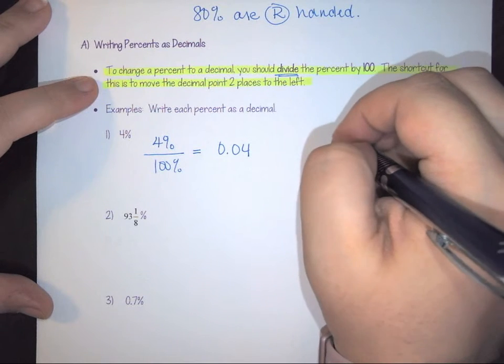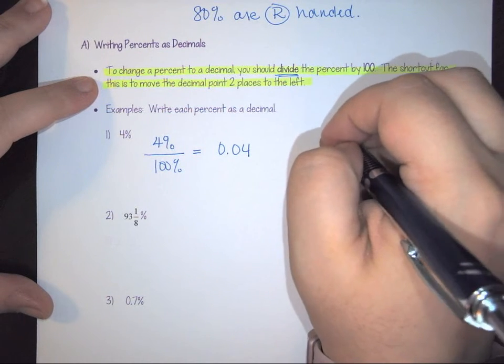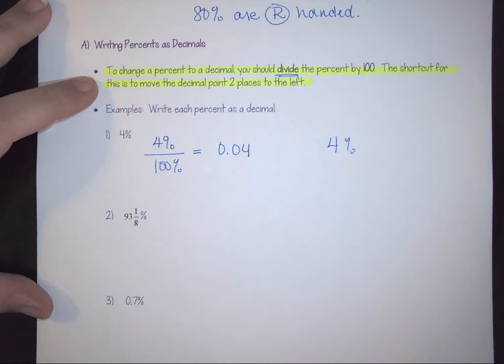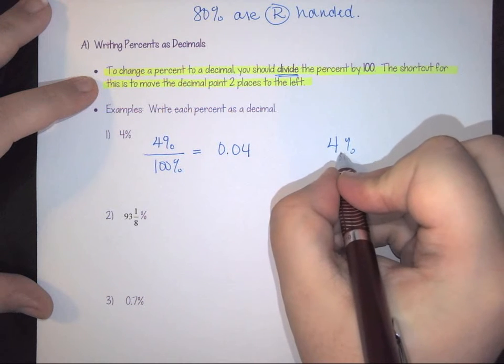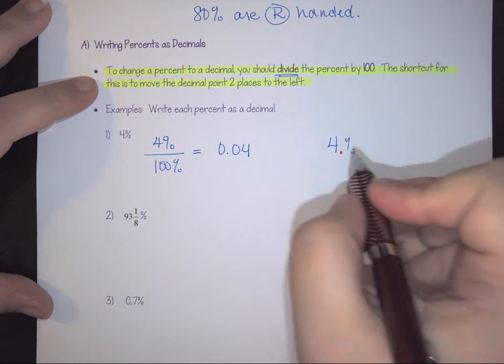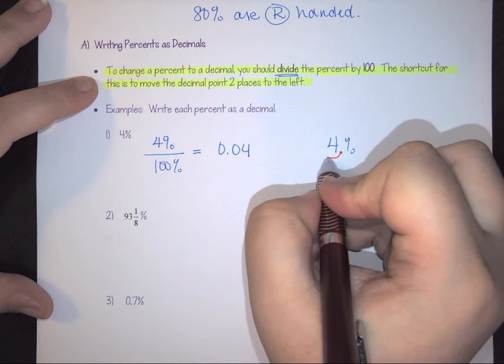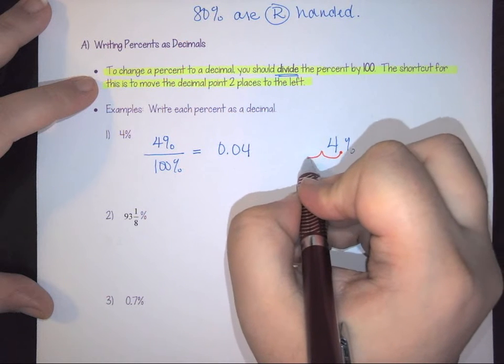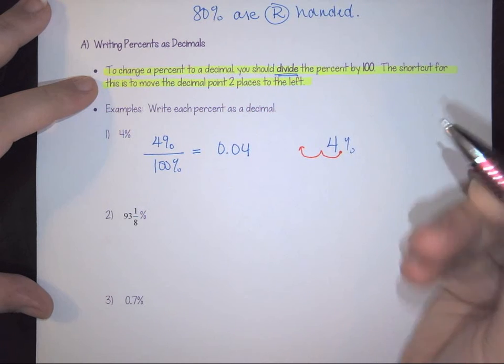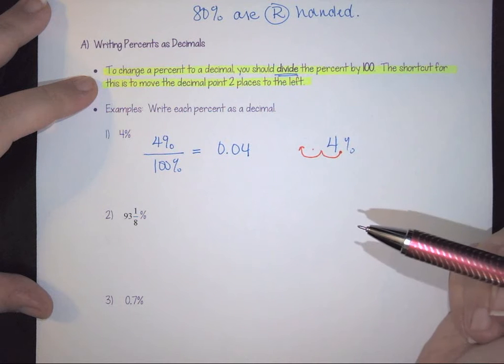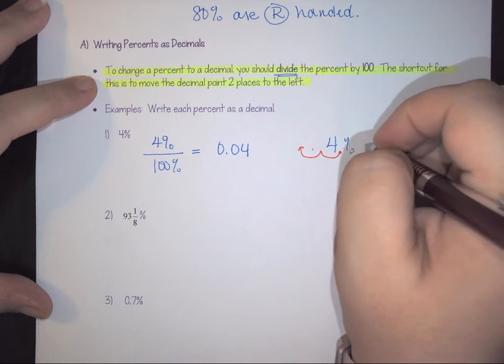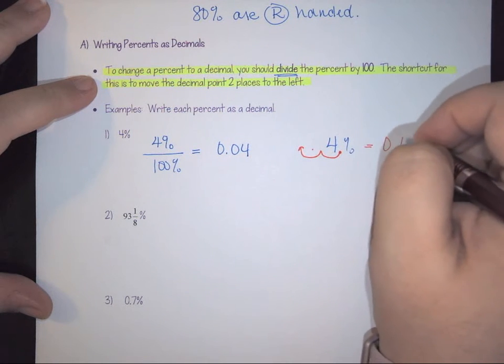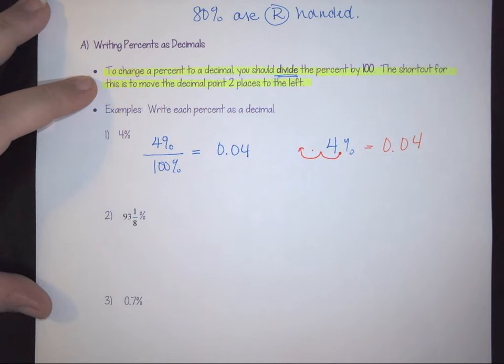So if I start with 4%, I have a decimal point here that's just assumed. If I move it to the left, it means I'm going to go 1 place here, 1 place here. And wherever you have a blank spot, you input a 0. So this becomes 0.04. Okay, so that's how moving the decimal point works.